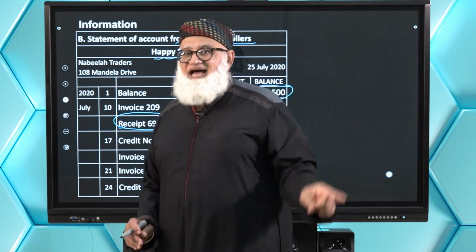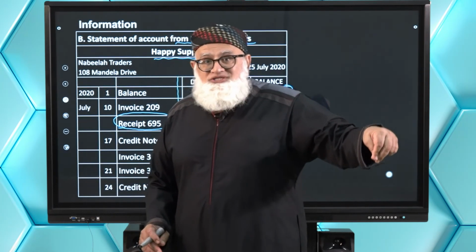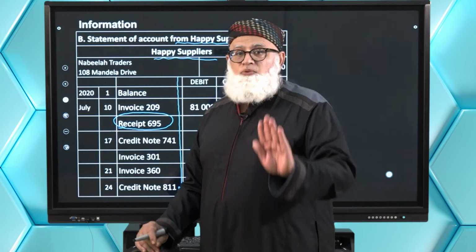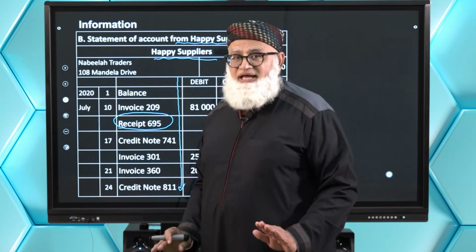At the same time, when the creditor records the entry, watch, they are crediting the amount. Why? Because we're owing them less. So the rule is, obviously we don't learn accounting by rules, the understanding of it is, when we debit our records, they credit. When we credit our records, they debit. Please keep that in mind.